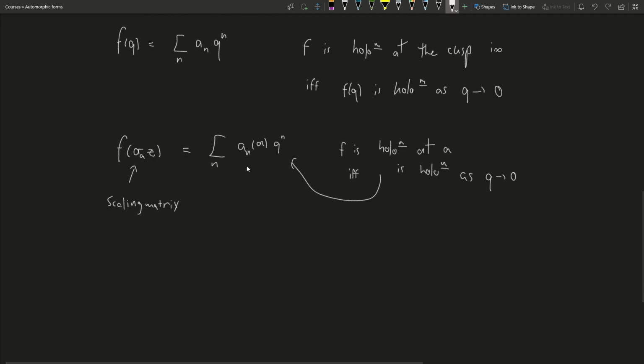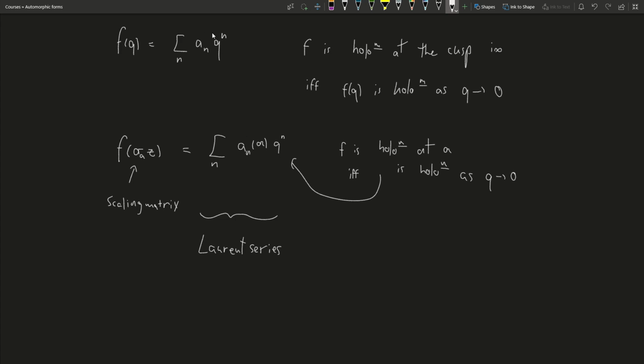So really what we're doing here is we're saying write f in terms of some Laurent series expansion. And this is the series expansion after making this change of variables to write everything in terms of q.